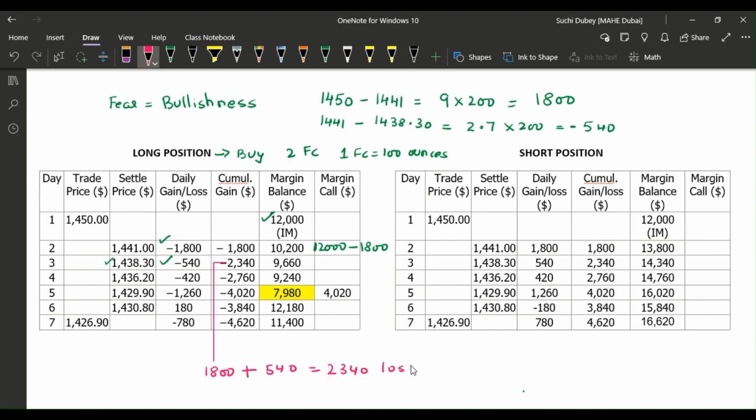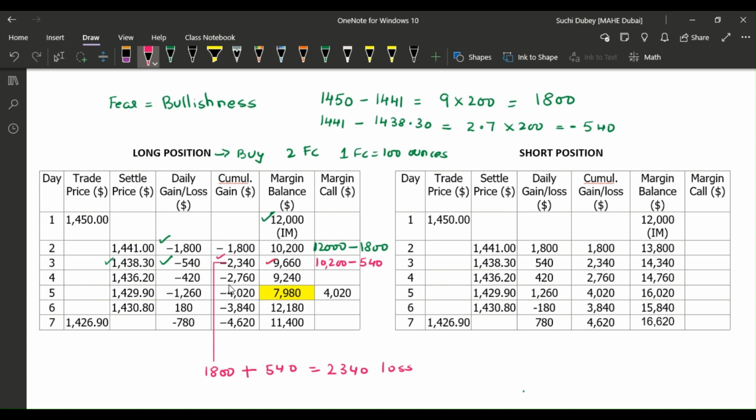Because it's a loss, I'm writing this with a minus sign. How did I get this 9960? Because what was my account balance? My account balance was 10,200. Again today I have a loss of 540, which has given me this figure.